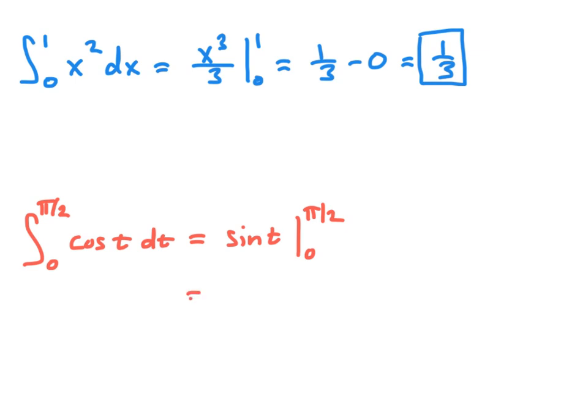So in order to do this, we find the sine of pi over 2, and we subtract from that the sine of 0. And we should know that sine of pi over 2 is 1, and sine of 0 is 0. And so the value of our integral here is equal to 1.